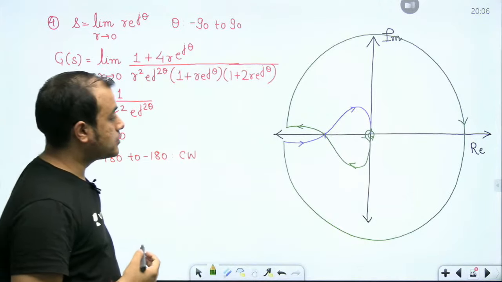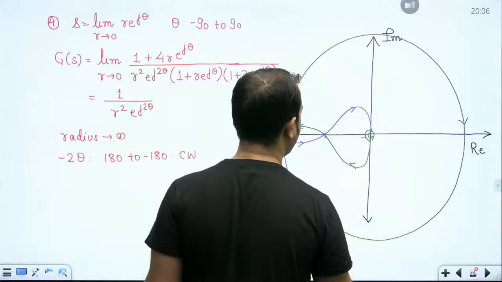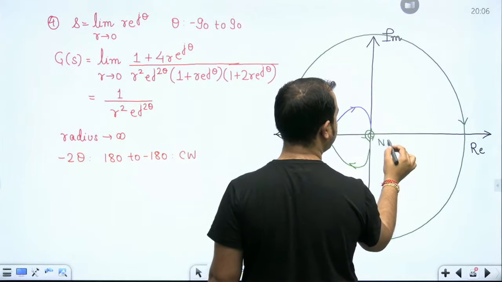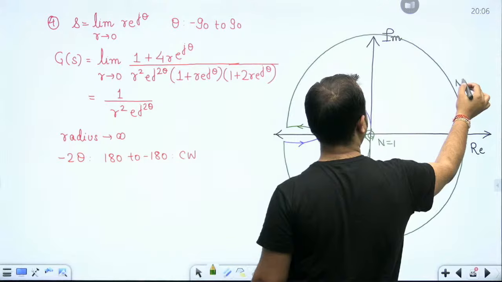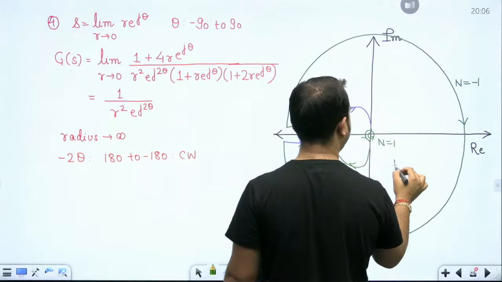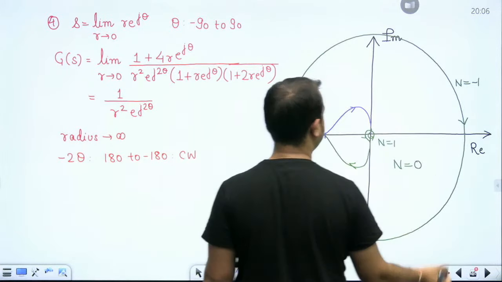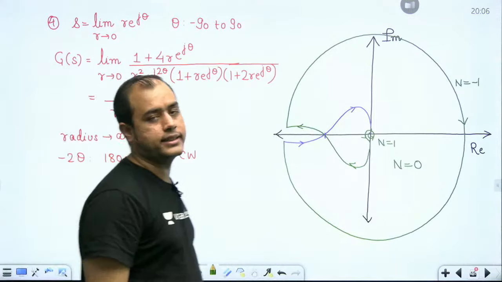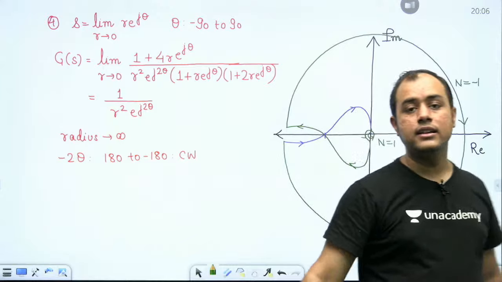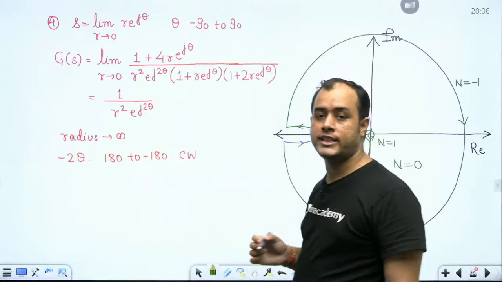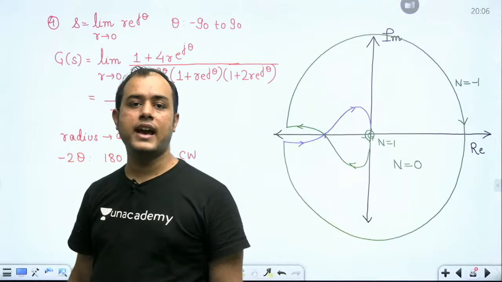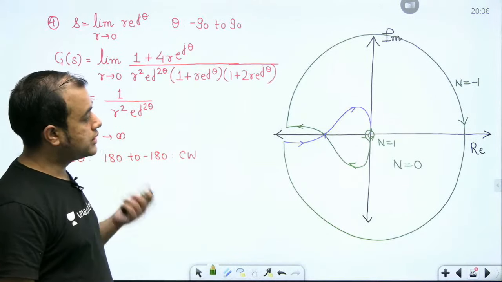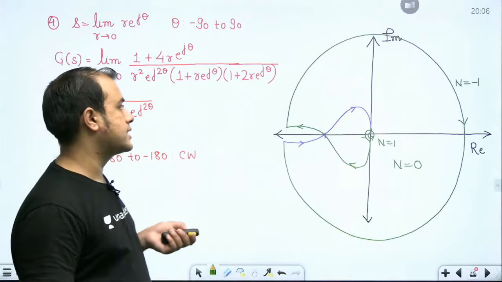Now here if you see one anti-clockwise and one clockwise encirclement, so the net value of n would be 0. One anti-clockwise and then one clockwise. So the net value of n, that is the encirclement of origin, is 0. Is that clear? So that is how the Nyquist plot looks.